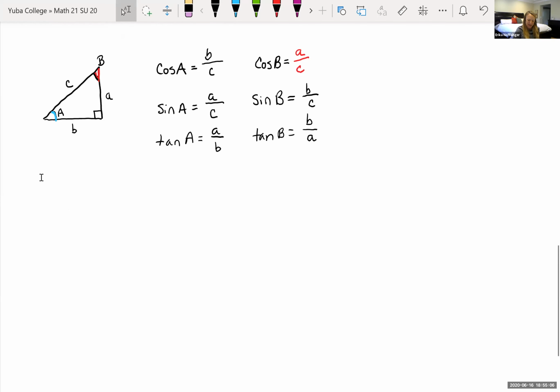So notice back at our triangle, when we were looking at the relation of sides from an angle and those trig functions, that some of those are identical.